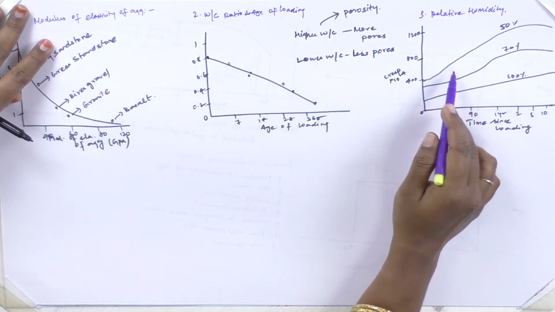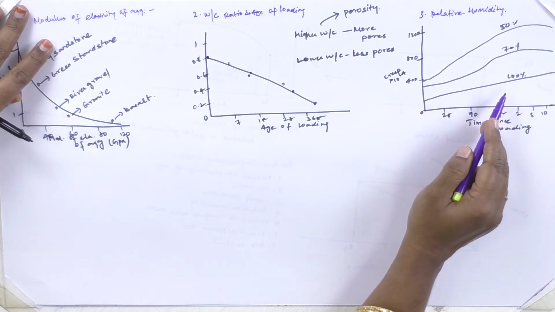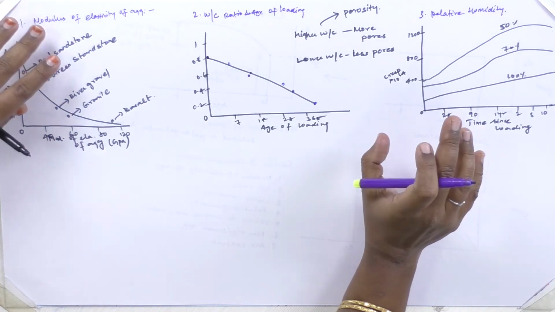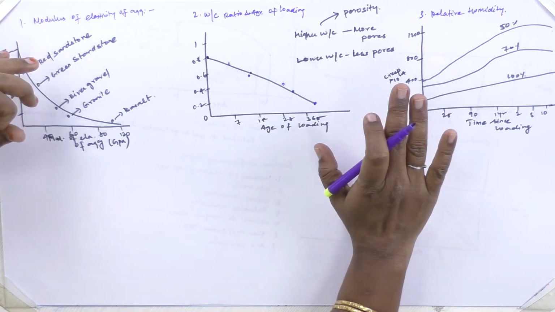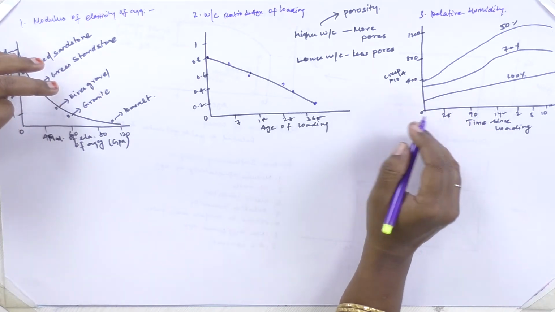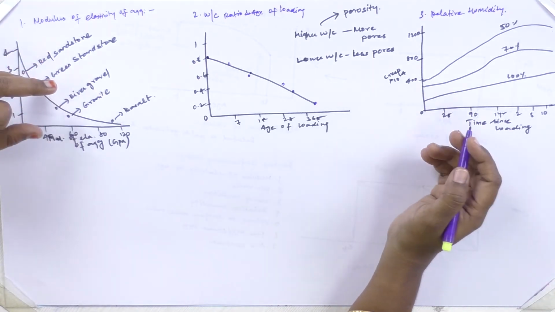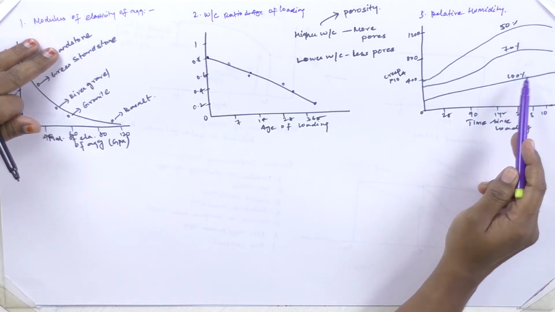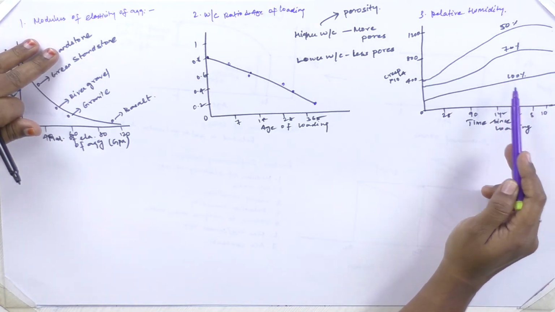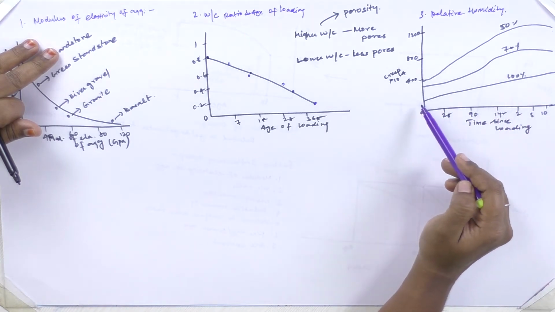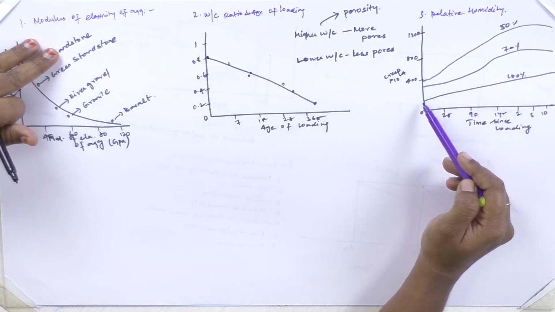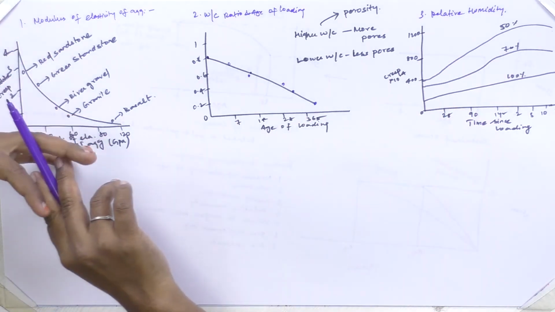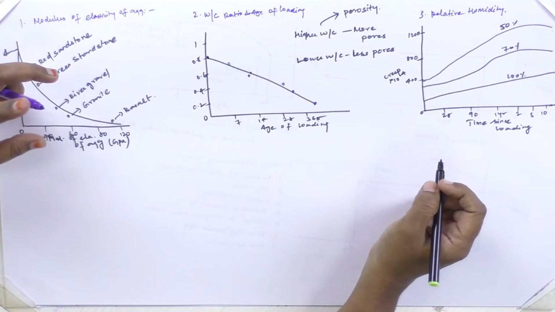The reason behind this is that in 100% relative humidity, all the gel pores will be filled with water, that is the adsorbed water. There will not be any movement of water between the gel pores, and that's the reason why the 100% relative humidity specimen exhibits a lower creep value when compared to the 50% and 70% relative humidity specimens.